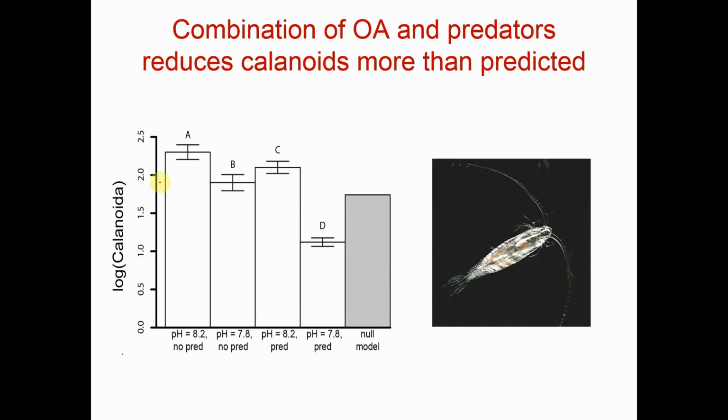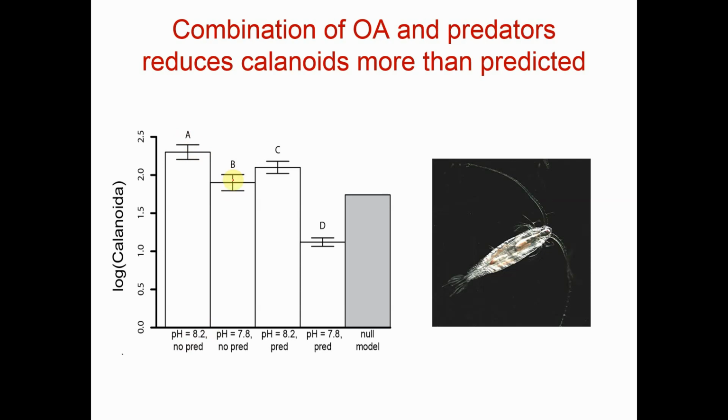So this bar here represents a pH of 8.2, so essentially ambient CO2 conditions, and there's no predators. And in ambient CO2 and no predators, we get a lot of copepods. When we drop the pH or increase ocean acidification, we see a drop in the number of calanoid copepods, so they drop down from here to here.